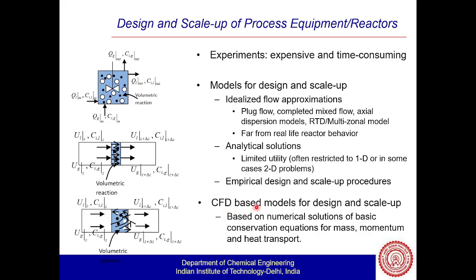And for the CFD based model, what we are doing is we are basically solving the basic mass, momentum and heat transport equation over all the cells. What we do is we take a domain and discretize this domain into small cells or stencils of cells, and there we solve this momentum equation and the mass and the heat transfer equation, and then we get a solution out of it.